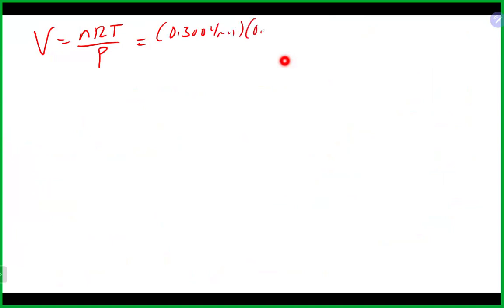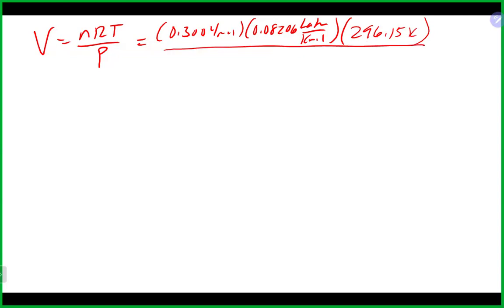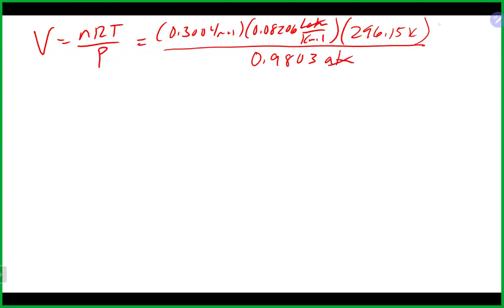We'll do our R. We'll do our temperature there, which was 296.15 Kelvin. We're going to divide it all by our pressure that we had, which was 0.9803. And again here, the atmospheres will cancel, the Kelvin will cancel, the moles will cancel. It's going to leave us liters once again.